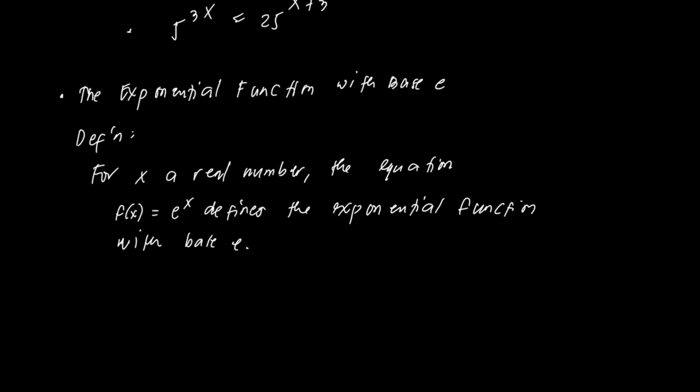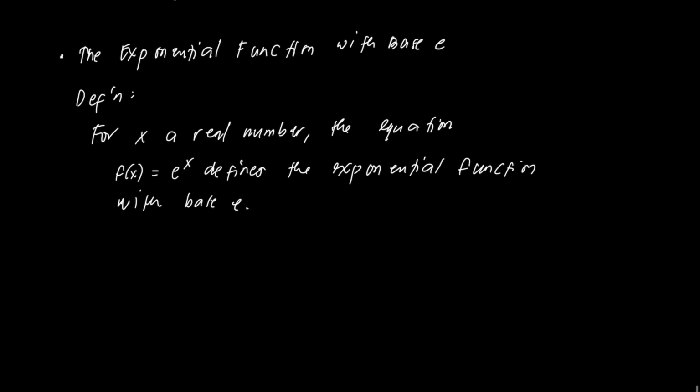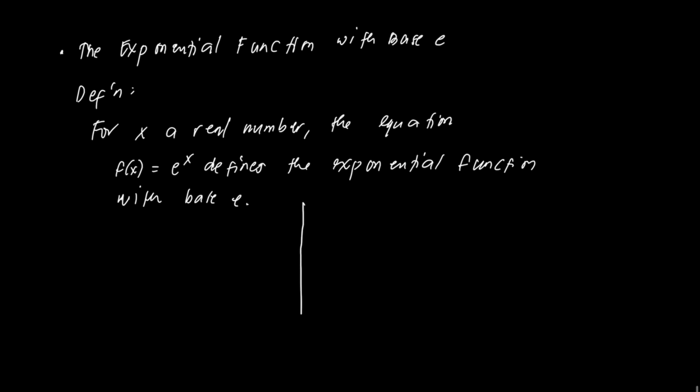with base e. So if we have, say, this is our rectangular coordinate system, this is x and this is y. This y is equal to e to the x. Still we have y is equal to e to the x.